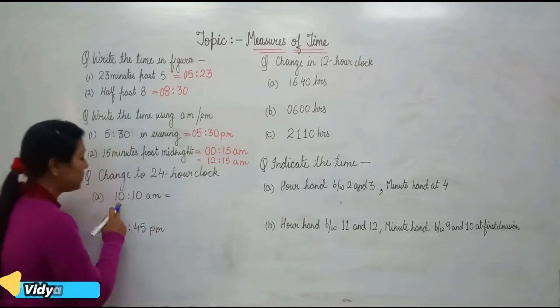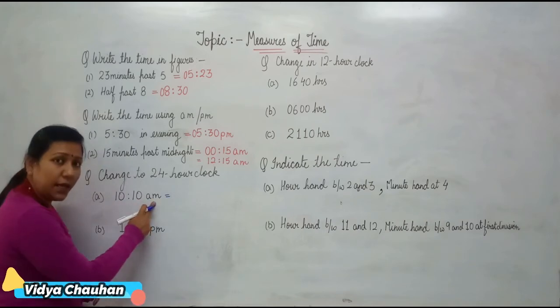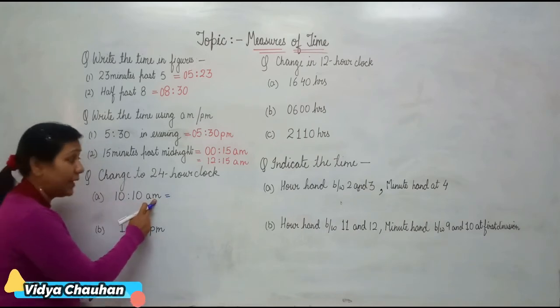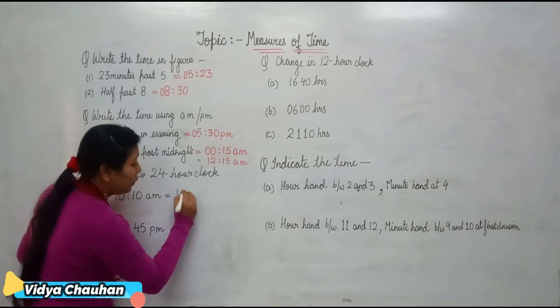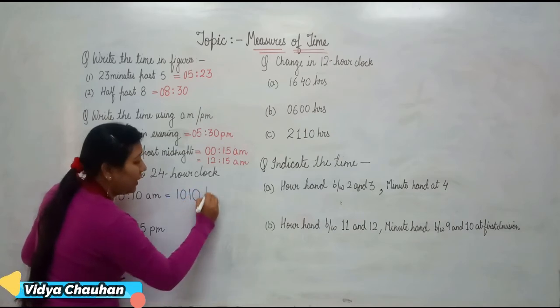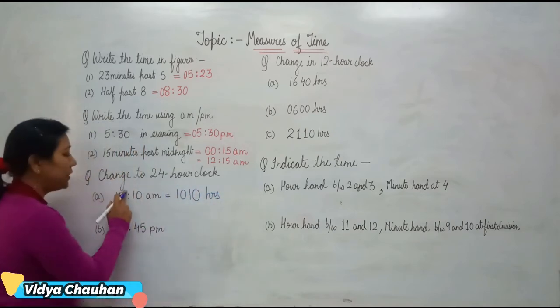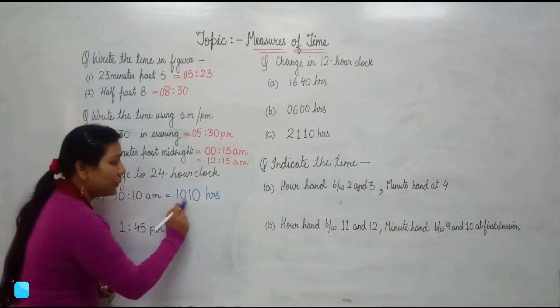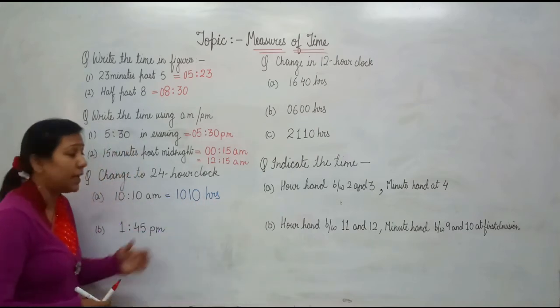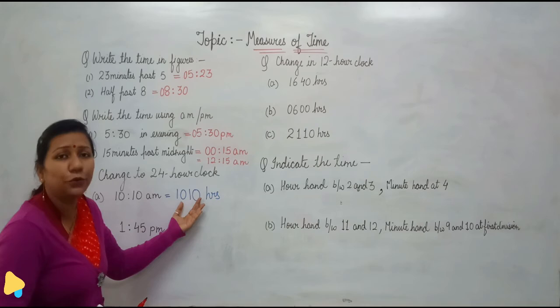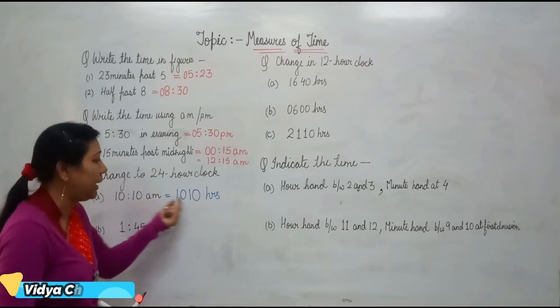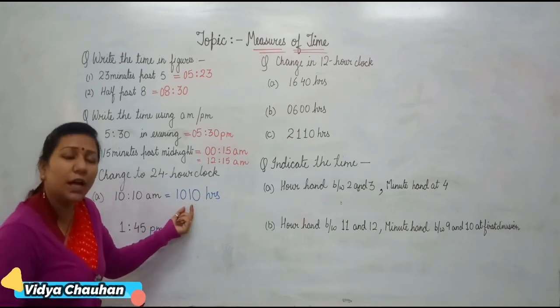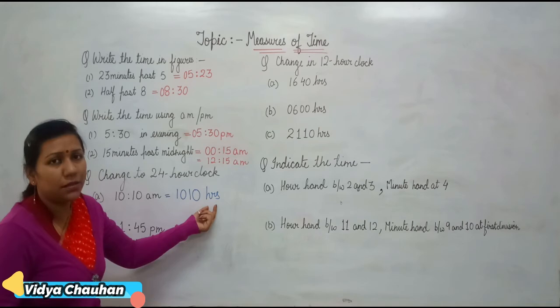So here in the first part, it is 10:10 a.m. Just because it is AM, you will write the value in the same manner, 10:10, and remove the two dots here. So it will become 10:10 hours, and now your time is in 24-hour clock. Just because it was AM, you directly write the value.